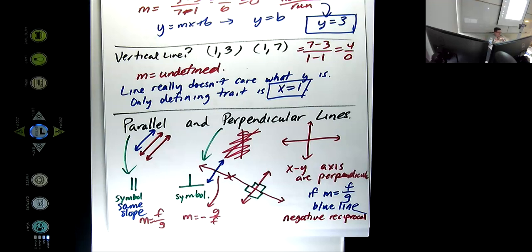You tend to deal with this as long as they're not vertical lines, or you won't find a perpendicular line for a horizontal line. I guess you could, but you need to know through where.